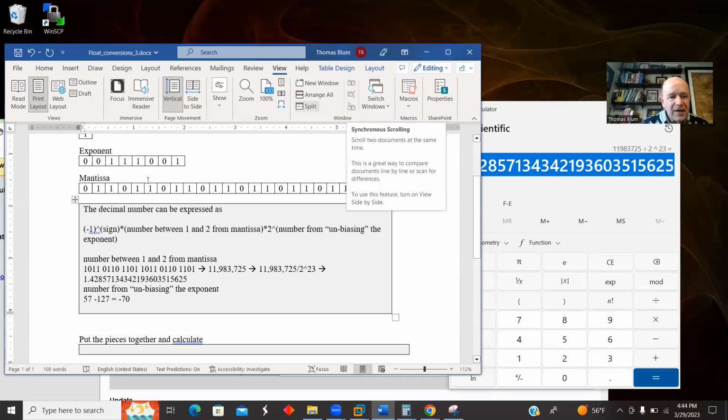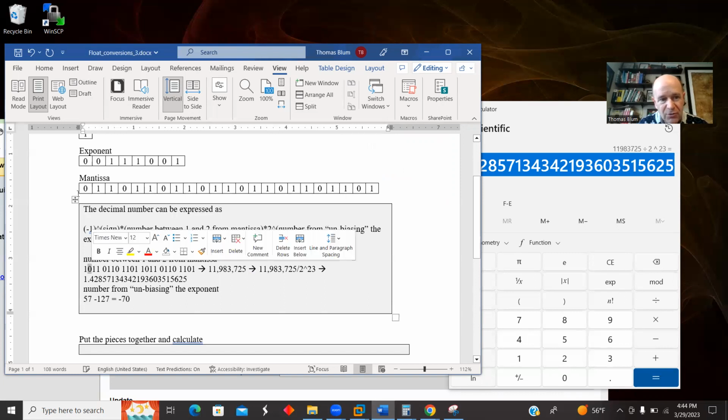Remember that this mantissa, once I've restored the 1, is like 1 dot. So I expect the number to be more than 1. And the first digit after that dot, that first 0, is the halves place. So I expect it, in this particular case, to be less than 1.5. But in general, I expect a number more than 1 and less than 2 from what I just did.